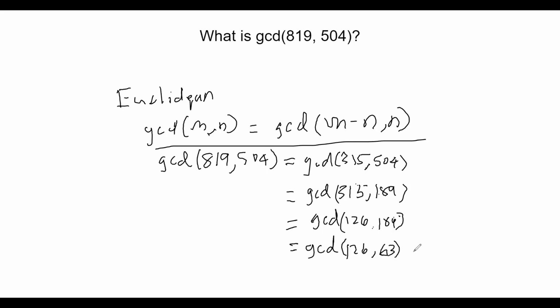And one last step, which is 126 minus 63. And now, voila, now we have the same number. So obviously the GCD of 63 and 63 is just 63. So this is our answer.